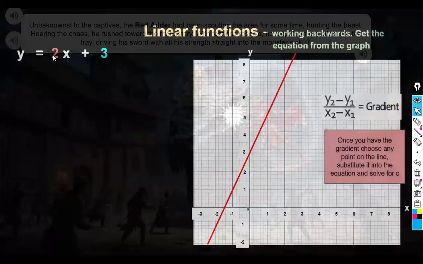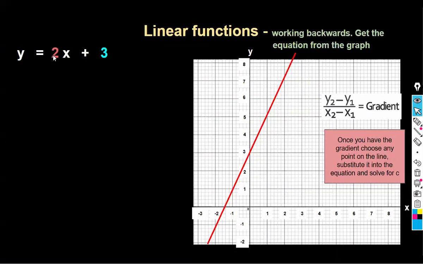All right. So let's work backwards now, right? Let's say somebody now comes to class. And remember that equation I gave you at the beginning of this exercise. You were asked to draw y is equal to 2x plus 3.